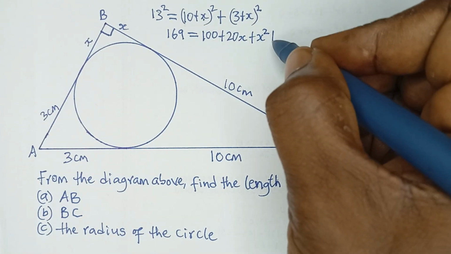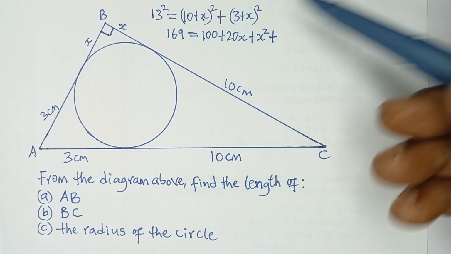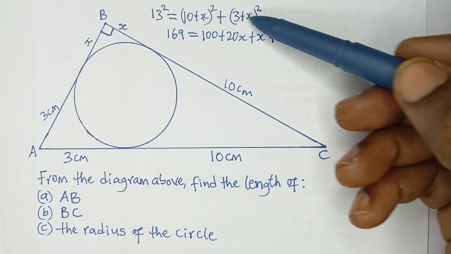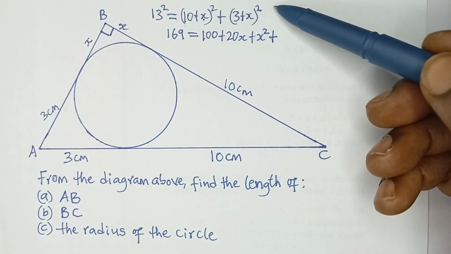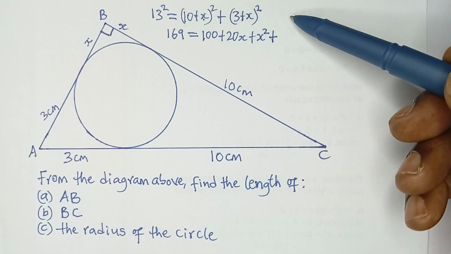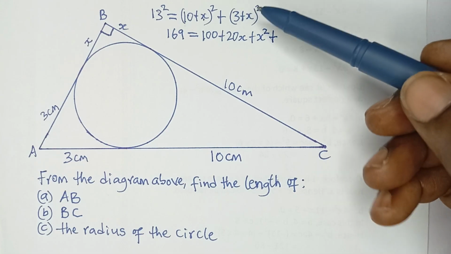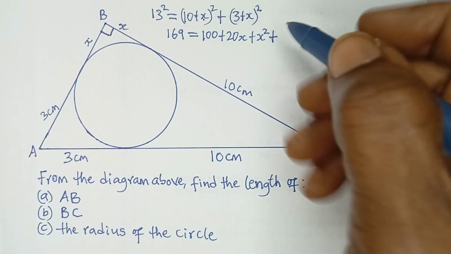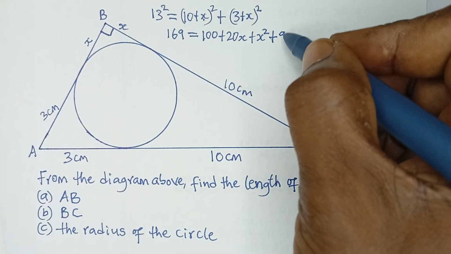Then plus, that is the plus that we have here. In the same way, we use our short method to expand this. If you don't know how to use the short method, you can just double the bracket and expand the usual way. But the short method, which I would advise you to learn, is to square the first number, and 3 squared is 9.